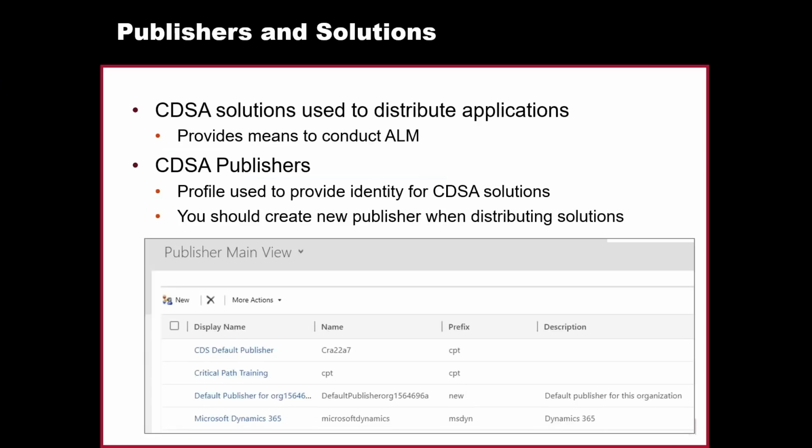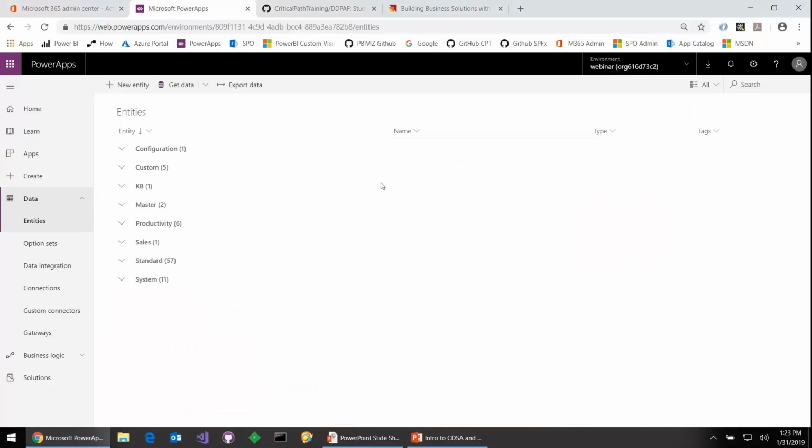The next thing I want to talk about is if you're going to start building real solutions on top of the Common Data Service, you have to embrace the idea that you are a publisher of solutions. So what Microsoft is going to recommend is that, here I am, inside of my new environment.